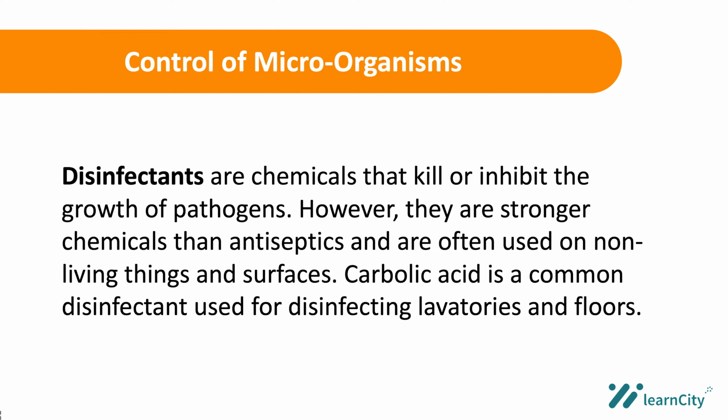So we use antiseptics majorly for living surfaces, our skin, our body surface, and we use disinfectants for non-living surfaces. Carbolic acid is a common disinfectant that is used for disinfecting lavatories, toilets, and floors. In fact, hospital floors and hospital environments. So carbolic acid is an example of a disinfectant.